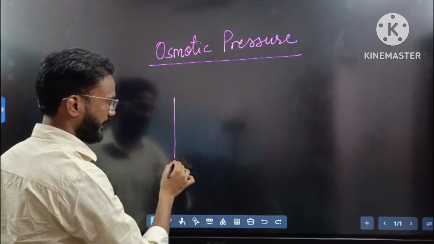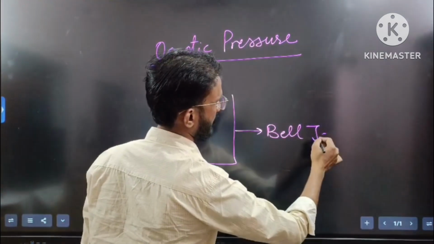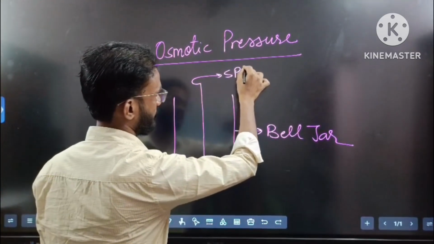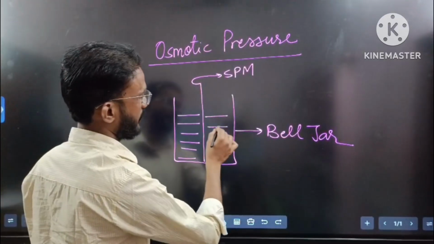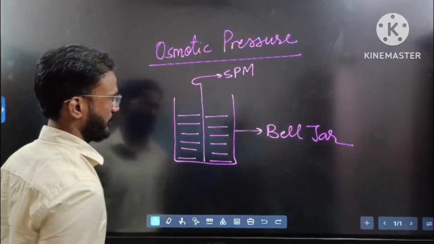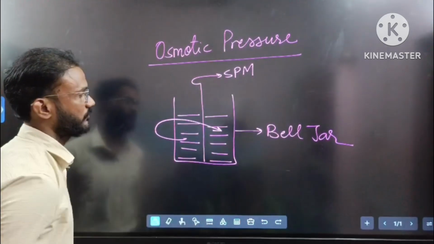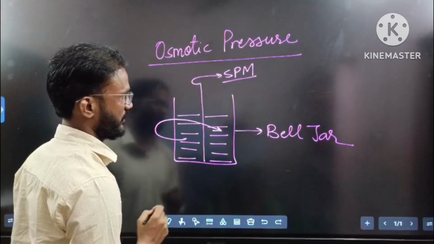Again we take a bell jar, place an SPM, and fill one side with solvent and another side with solution. The particles of solvent will move towards the solution through the SPM. This is osmosis.